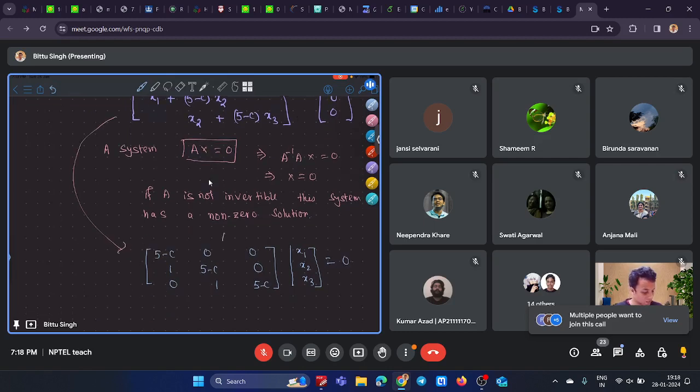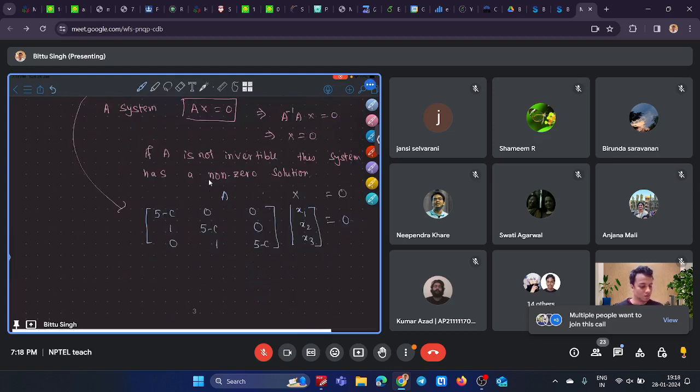That is, this is A, this is x, and the right hand side is 0. So you have to find the determinant of this. That is, when A is not invertible. What is the meaning of not invertible? When a matrix is not invertible, what is the condition?